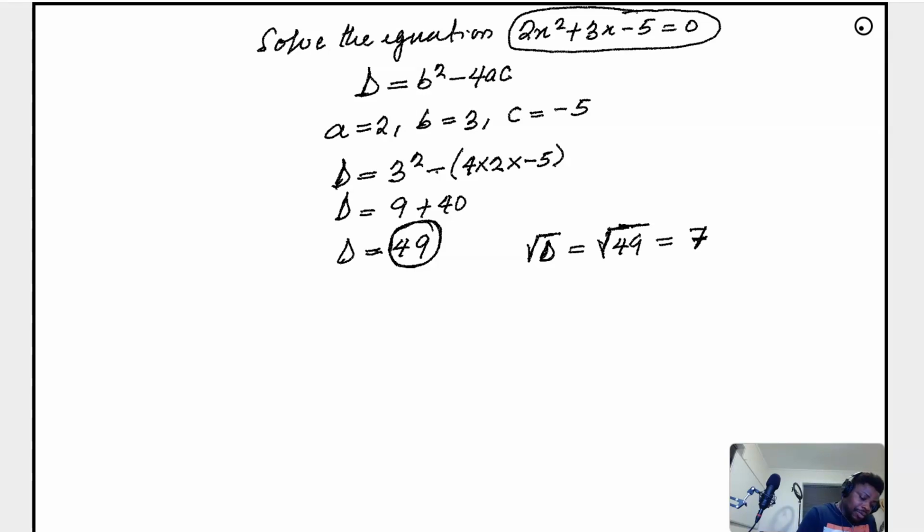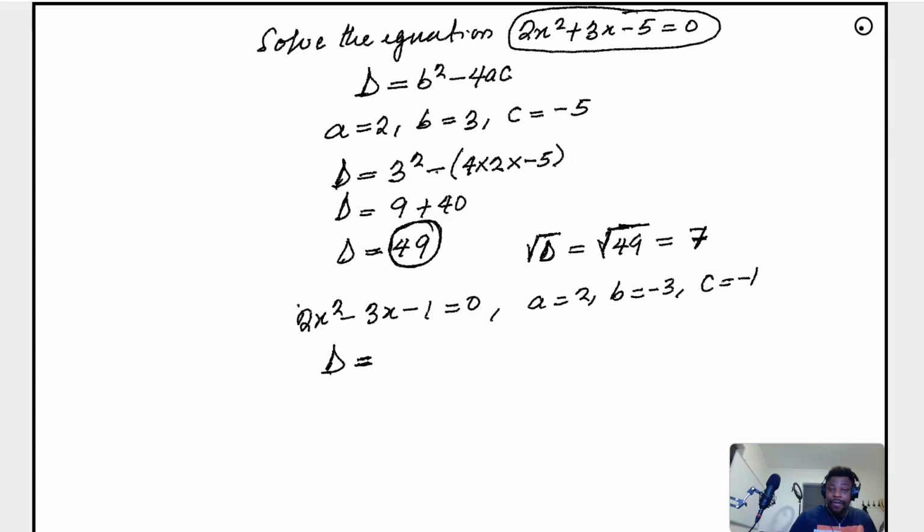Now, for an example, let's say you are asked to solve, let's say, 2x squared minus 3x minus 1 is equal to 0. Let's see if we can use the factorization method for this. Here, my A is 2, my B is minus 3, and my C is minus 1. So let's get D. Remember, we always want to get D. If D is a perfect square, then we can use the factorization method.